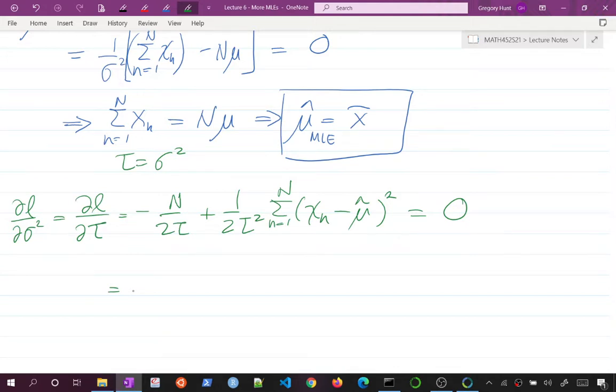So let's multiply everything by 2 tau over n, basically the reciprocal of this. This would be negative 1 multiplied by 2 tau over n, plus 2 tau over n multiplied by the rest, and I'll get 1 over tau times 1 over n.